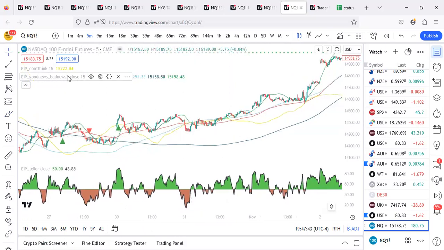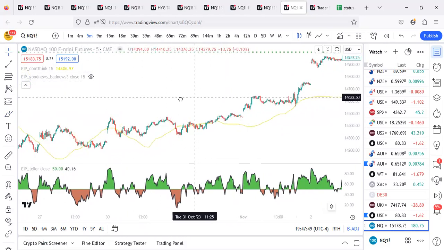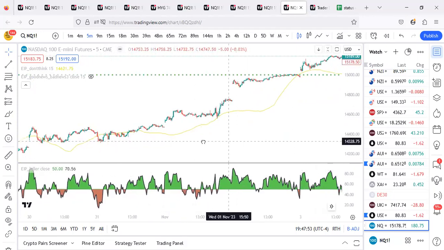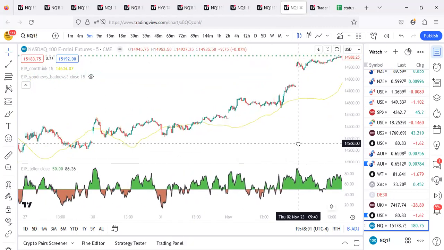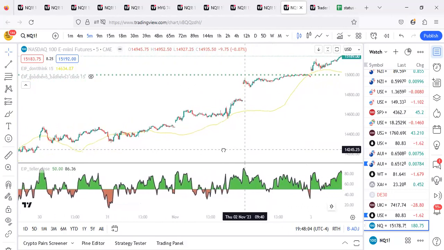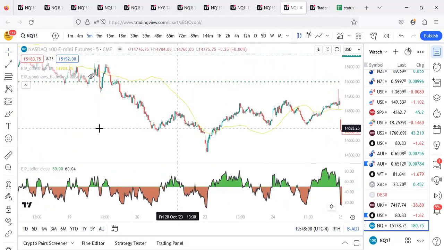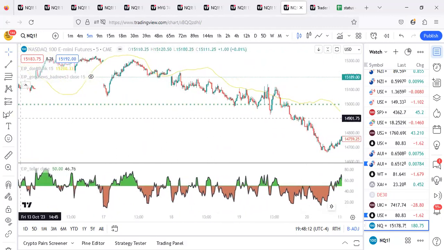In any case, if we hide the good news, bad news indicator and we have this Gann cycle, the whole of the week we could have bought dips like this. This is how you do technical trading using the Gann cycle, buying and selling.